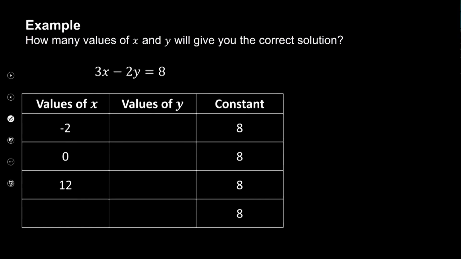So firstly, we look at if my x value is minus 2, what must be my y value in order for me to get an 8, right? So this actually means it's 3 into negative 2 minus 2y equals 8, right?